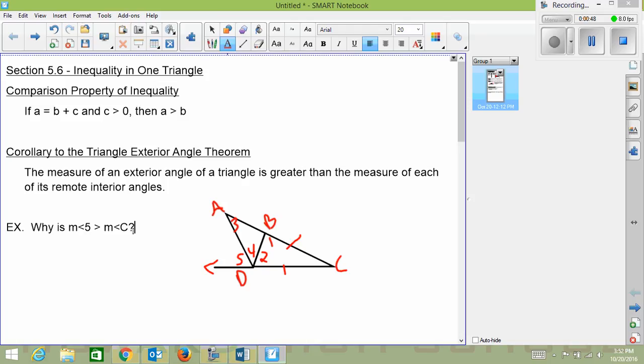So for my example here, why is the measure of angle 5 greater than the measure of angle C? We could say because it's an exterior angle.